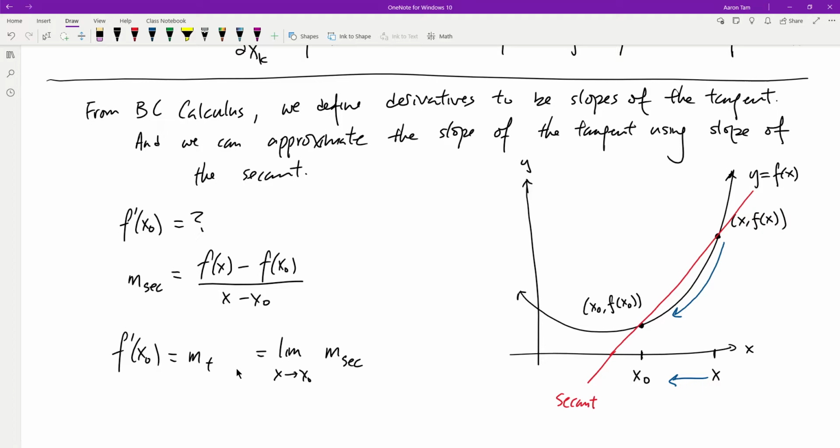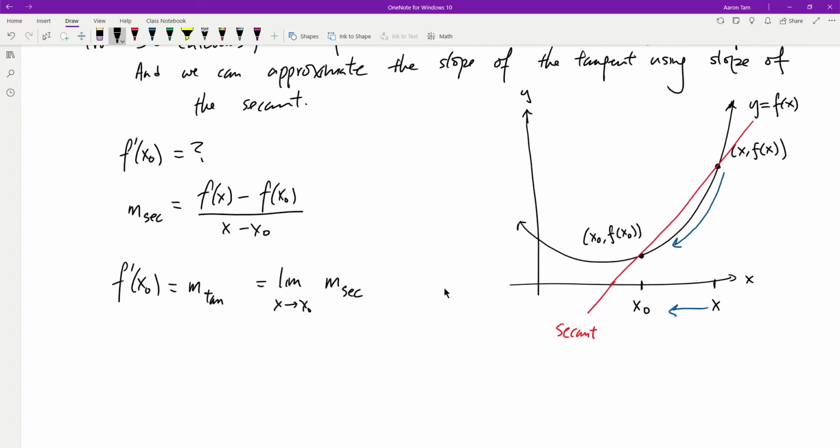And actually, you know what? We'll just call it m sub tan. So that was tangent. All right. So that's what we define f prime to be. f prime of x sub 0 would equal the limit as x approaches x sub 0 of f of x minus f of x sub 0 over x minus x sub 0.